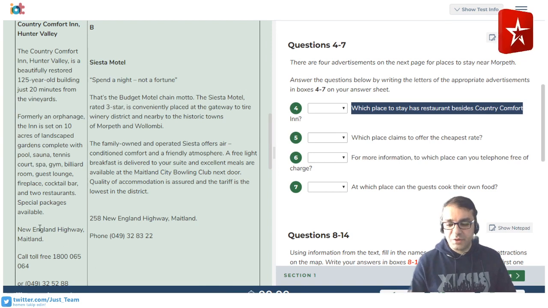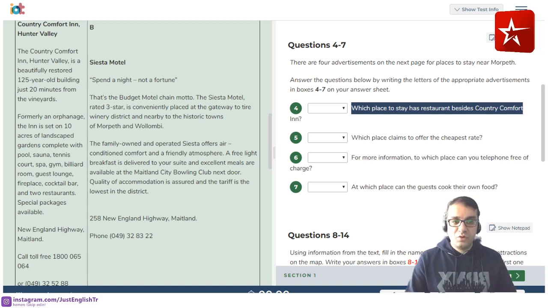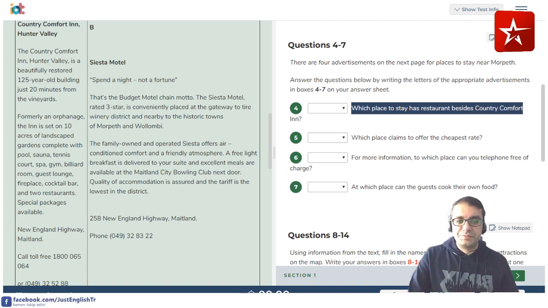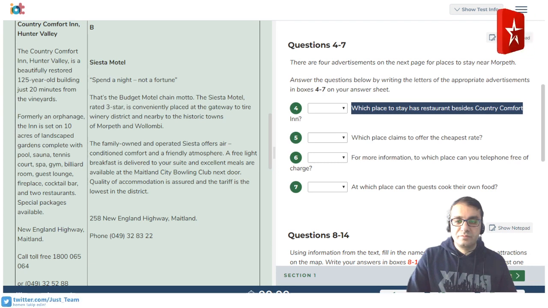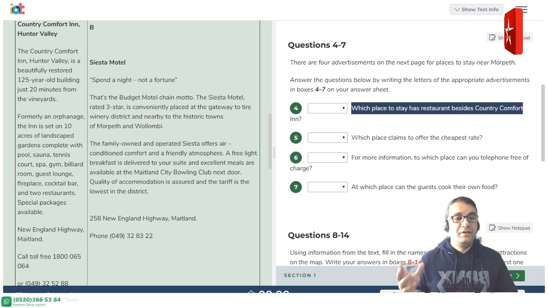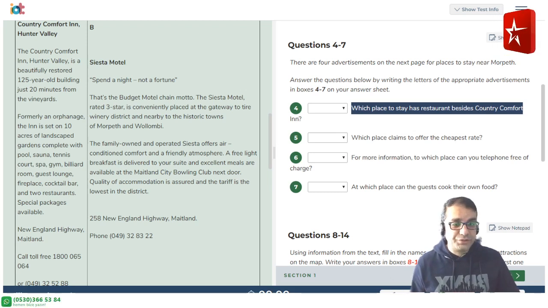Tell me, where is the keyword in this passage? Okay. Now, this is the keyword in the passage, right?